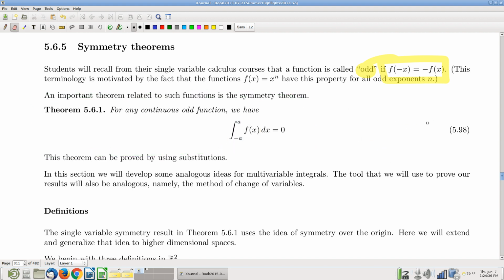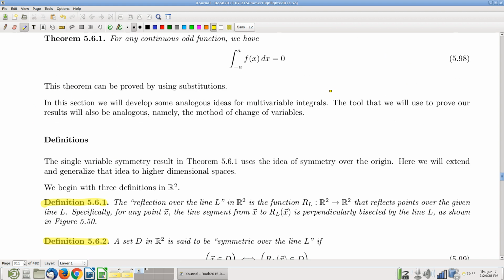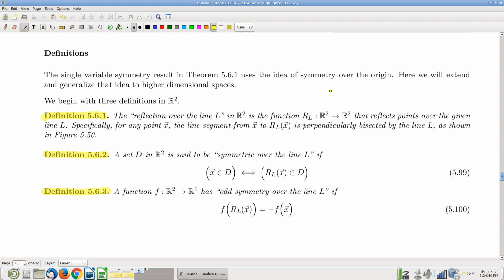So I'm going to show you some analogous theorems that are sort of 2 and 3 dimensional versions of these. Now I have to define what I mean by an odd function, what I mean by a symmetric domain. A little bit of terminology, just to be able to have the conversation about the analogous results. So I'm going to define what I mean by a reflection over a line.